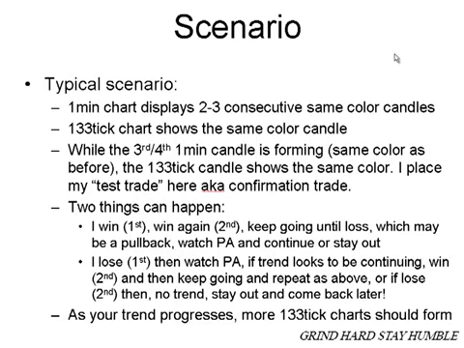You can play around with that. Based on your criteria, I'm using 2 to 3. So on the third or fourth 1 minute candle, if it's forming the same color in the trend that I think is forming, and the 133 tick chart candle reinforces this movement, then I place my test trade here.